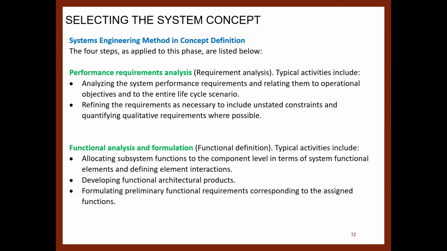It's not only the functions that each subsystem must perform, but also the functions from that subsystem. We start allocating those functions now into the component level. We start looking at developing the functional architecture for the product and formulating functional requirements corresponding to the assigned functions to those components.